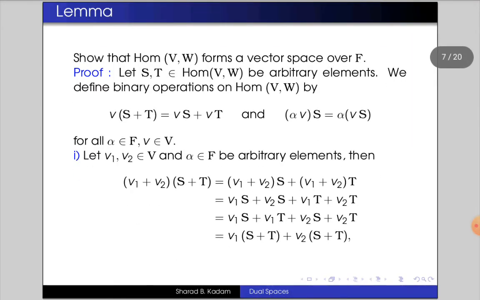So the first property is the closure property. That means if S and T are vector space homomorphisms, then we will show that S plus T is also a vector space homomorphism. So we consider V1 and V2 to be arbitrary elements in the vector space V and alpha an arbitrary scalar in the field F. Then (S plus T) of (V1 plus V2) equals S of (V1 plus V2) plus T of (V1 plus V2).